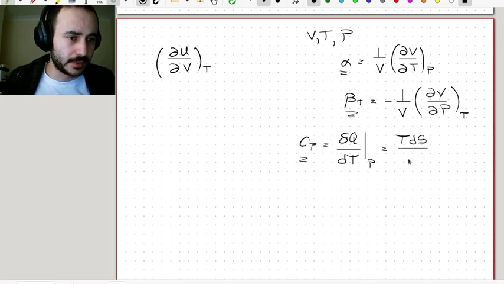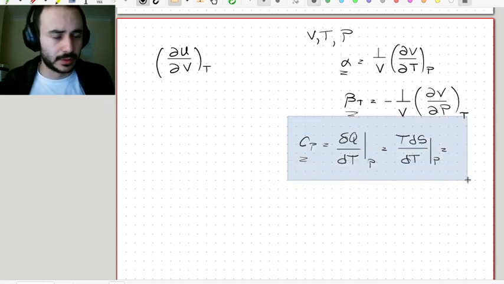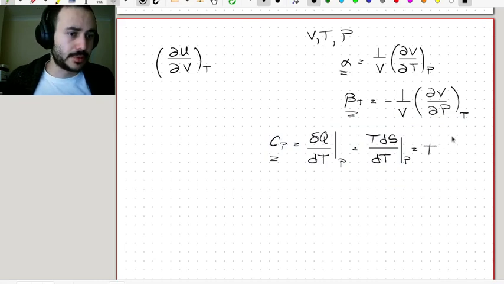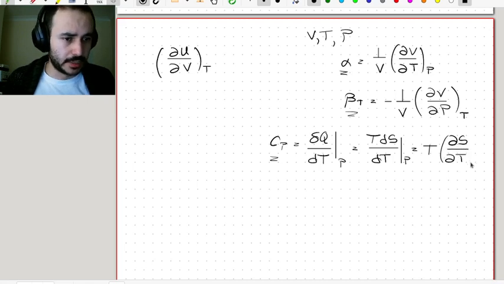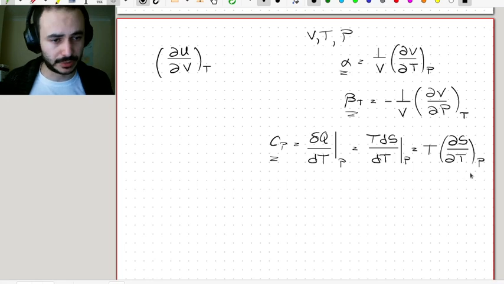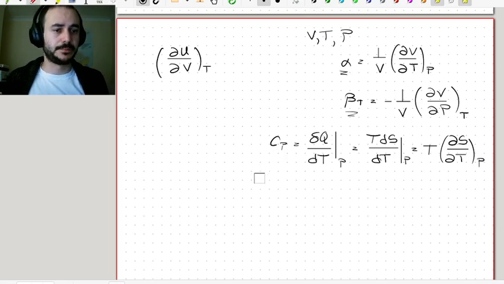So this is TdS divided by dT at constant pressure, which is nothing but the temperature times the partial derivative of entropy with respect to temperature at constant pressure. So this specific partial derivative of entropy is directly measurable and it's tabulated. So whenever we find any of these derivatives, we're done because we know these things. Fine, so let's see how we do this.